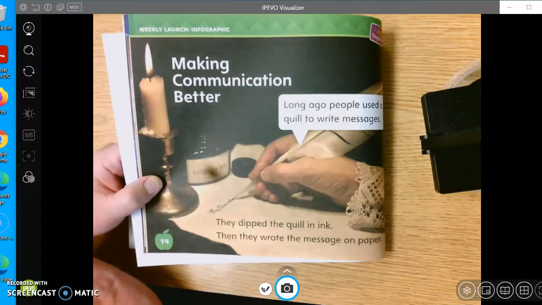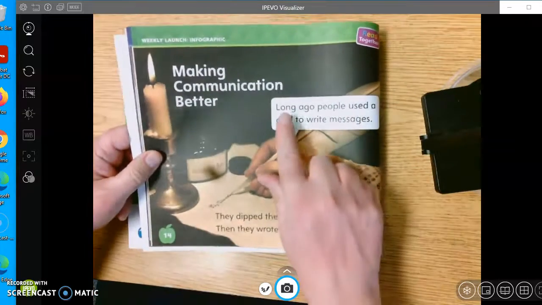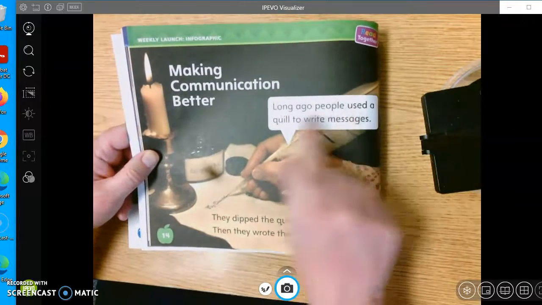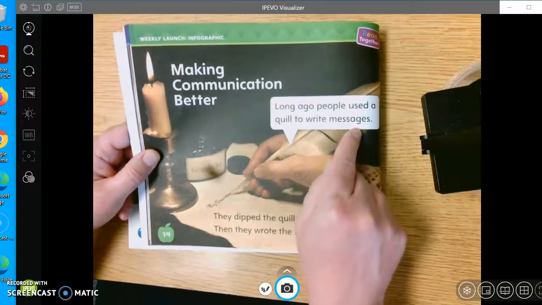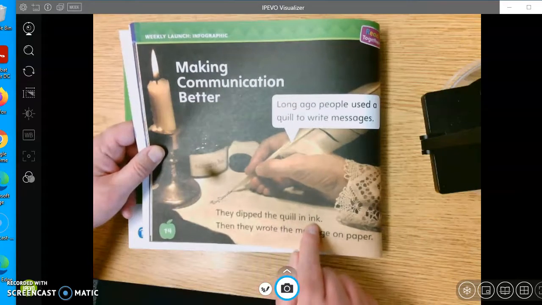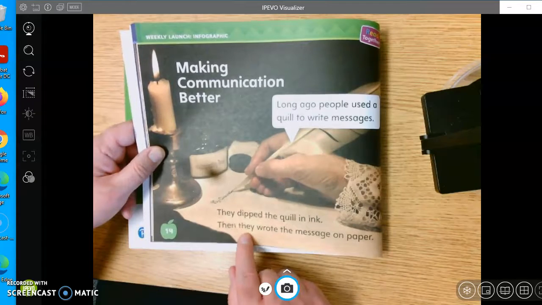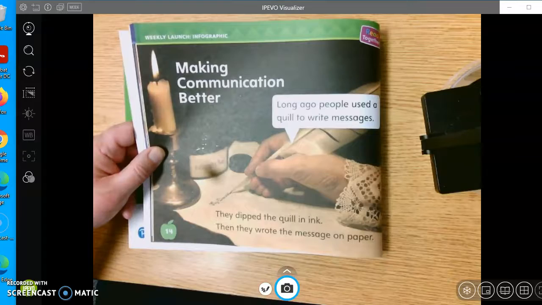So that's communication in the past, and we'll read the message here. The text that says, long ago people used a quill, there's a quill, like a feather, to write messages. They dipped the quill in ink, then they wrote the message on paper. So that is the old way, an old way that people used to communicate.